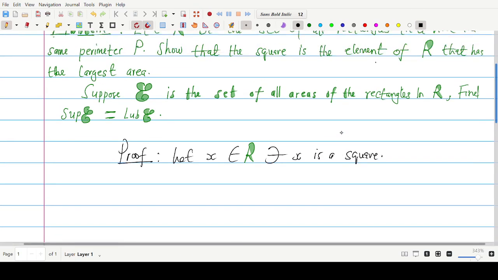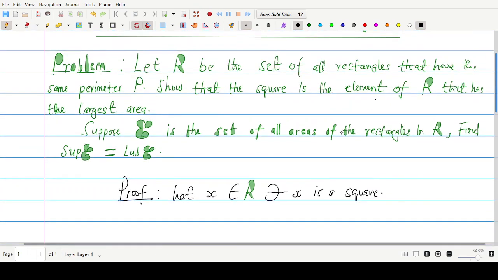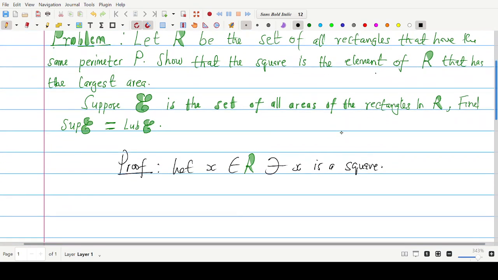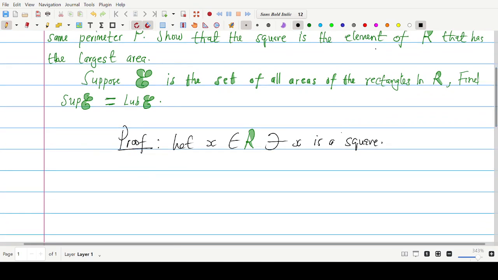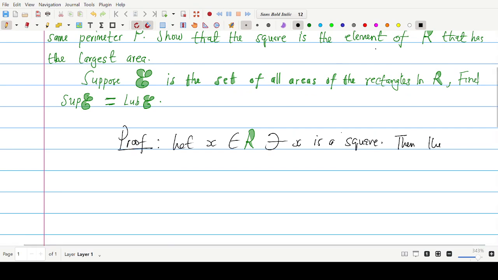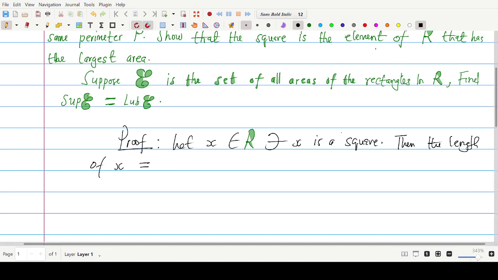Because we're told from the problem that a square is a possible element of the set R. So let this be the scenario. Then we should observe that the length of X should be equal to P over 4. Do you agree with me?